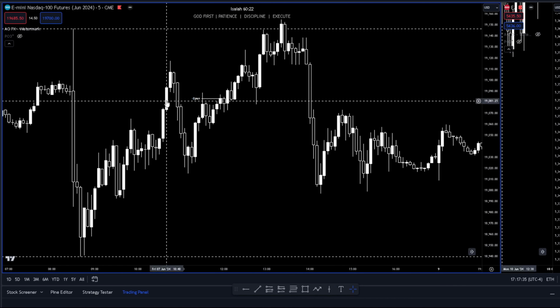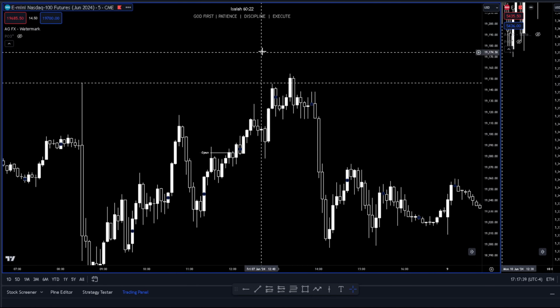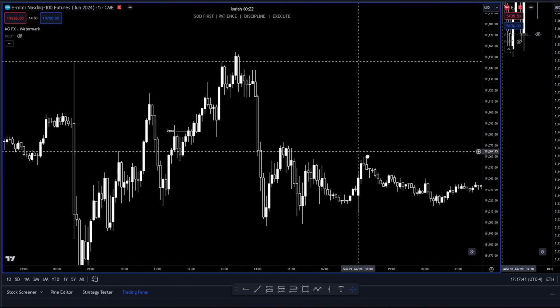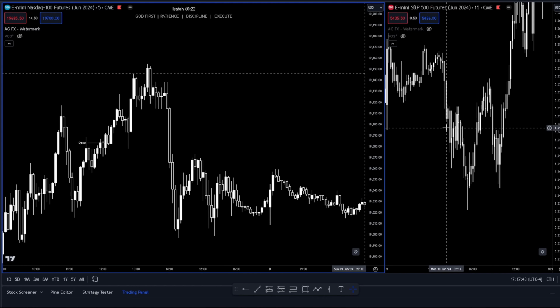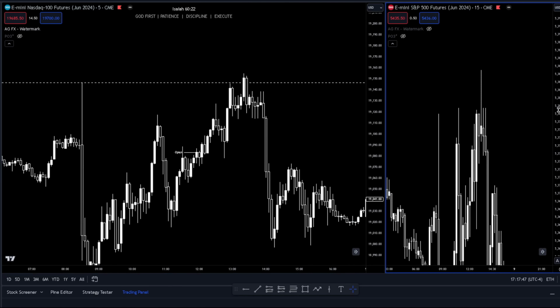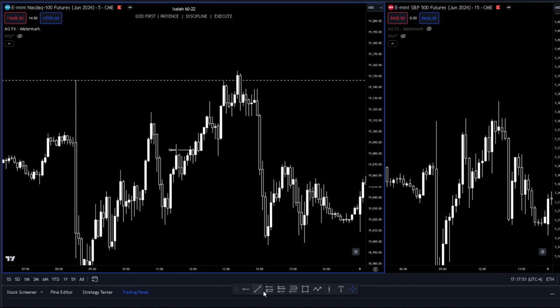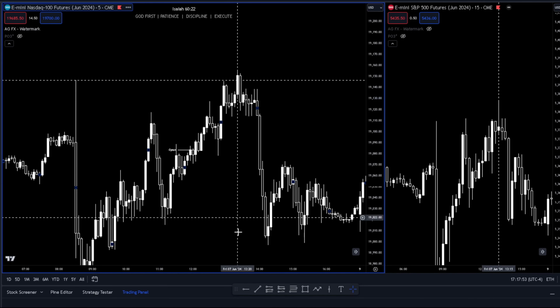Okay, so once we had this open and then we purged above it, we had our soup. Now let's look for our soup. This is our soup right here. This range high ended up being the soup.